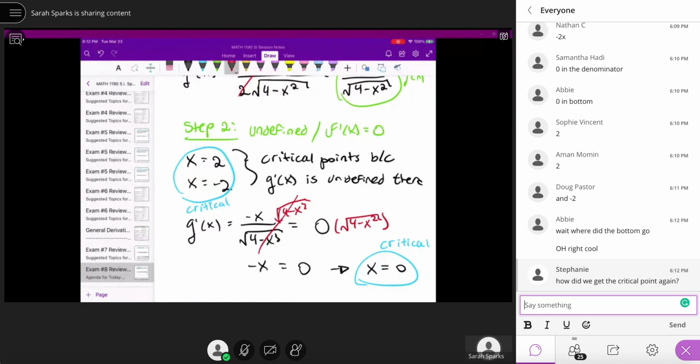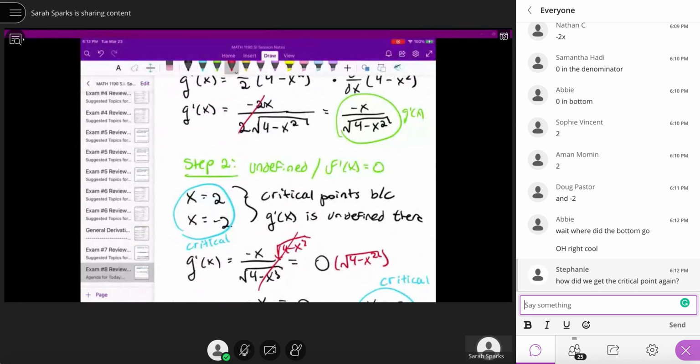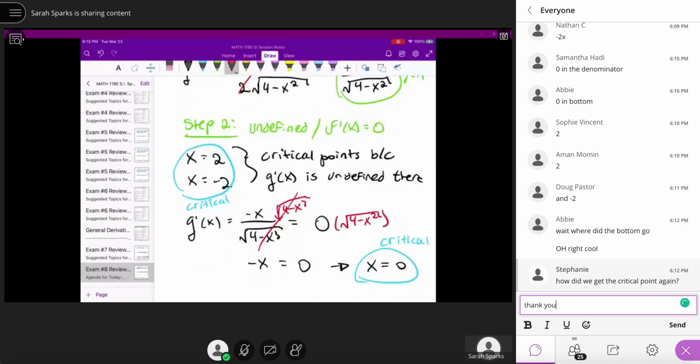So we looked at our original function and said, where is g prime of x undefined? We know a function's undefined when we divide by 0. If we plug in 2 or -2 for x, then we'll be dividing by 0 and the function will be undefined. So we know those are critical points. And then from there, we still have to set our function equal to 0. We do some simplification, and then we get x equal to 0. So these are all critical points. I know in his work he denotes it x sub c, so I'll keep that consistent, just to note that these are all critical points.